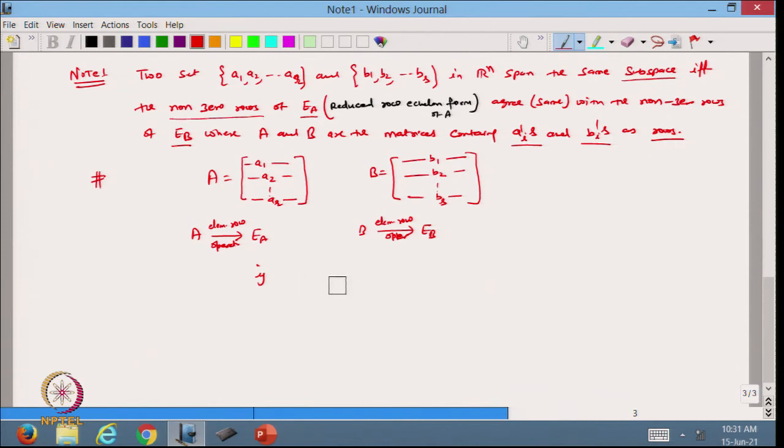So, if the non-zero rows of EA are equal to the non-zero rows of EB, then they will span the same space: the span of A1, A2 up to AR will be the same as the span of B1, B2 up to BS. So, that is our result.